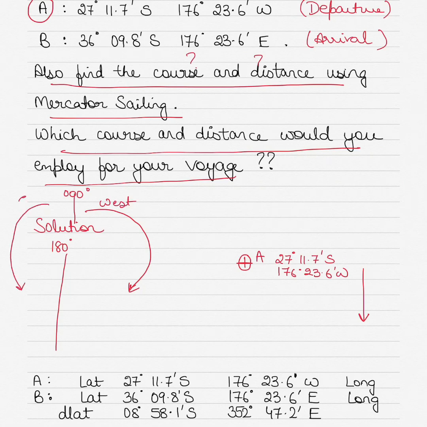So imagine facing 000 degrees. As you come around, your 176 degrees west would be somewhere here and 176 east would be here. It would be the opposite of what you would have if you were facing 000. If you face 000, on your right side is the east side and the left side is the west side. But as you go around the world and turn around and face 180, the west and east reverse.